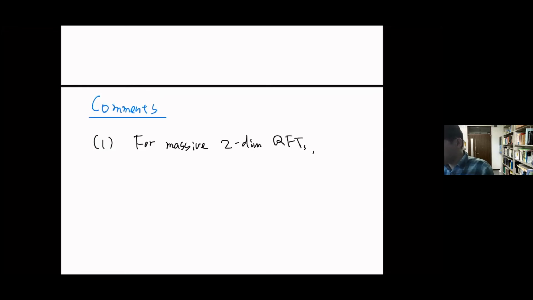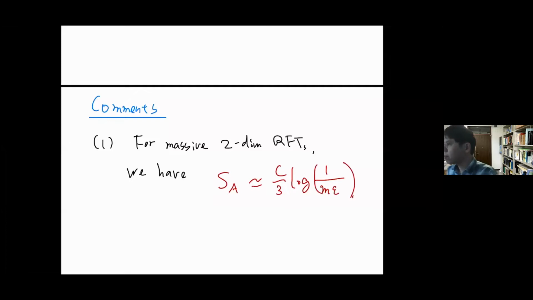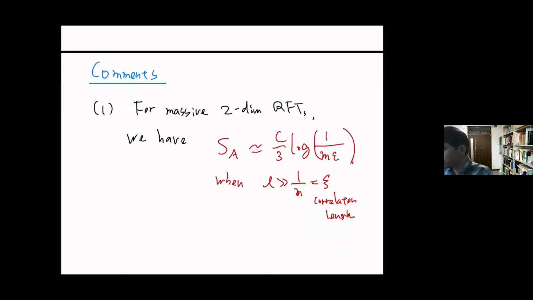But in that case, the entanglement entropy S_A scales in the same way as the c over 3 formula, but logarithmic in m over epsilon, when L is much greater than 1 over m, which is namely the correlation length. This is the precise correlation length. So in this case, we say the area law is satisfied.